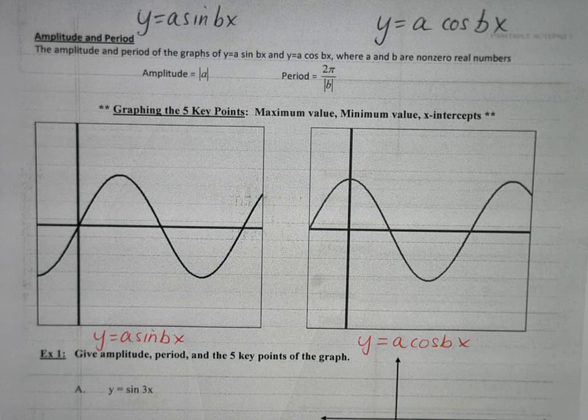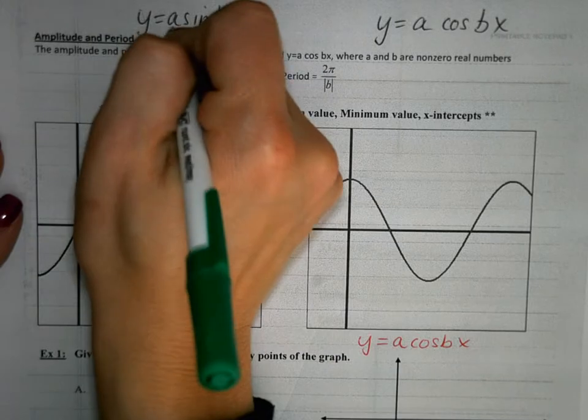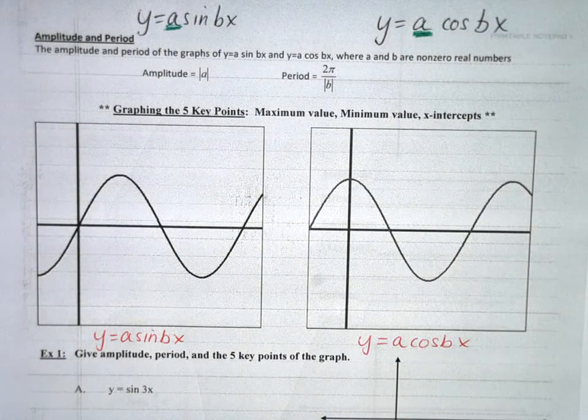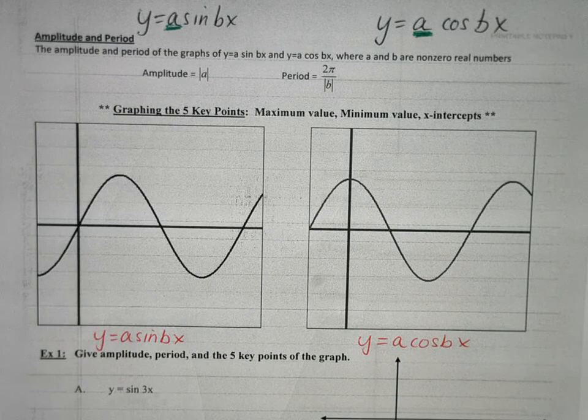All right. The number a and the number b are going to change the appearance of this graph. Now, the a value, the leading coefficient, will remind you of amplitude.